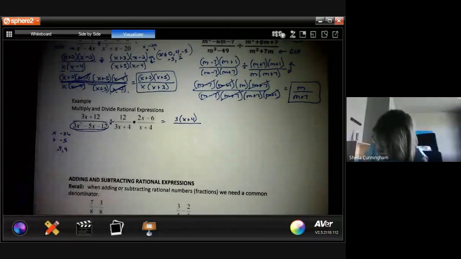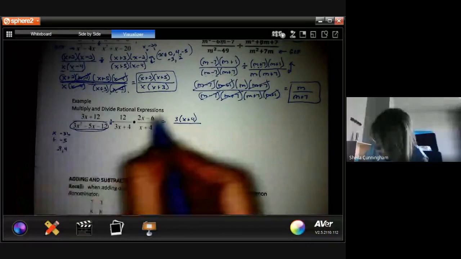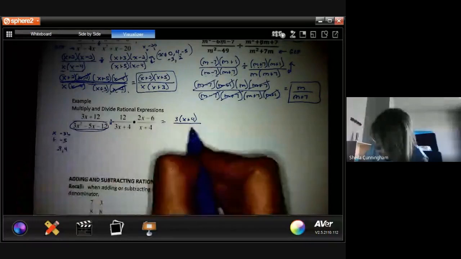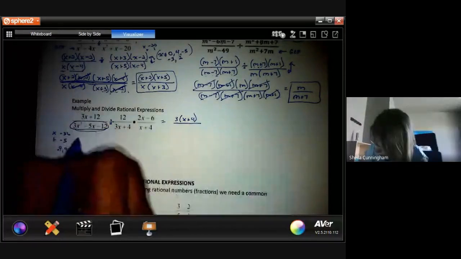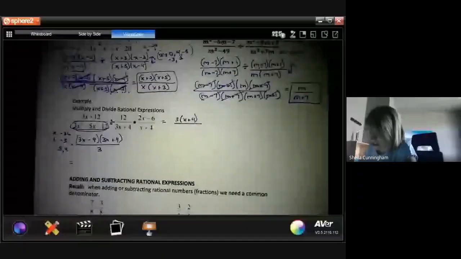I'm just going to work with this off to the side and then I can put my answer back up in my question. I'm going to look at this airplane method. I'm going to put 3s in the first of my terms and a 3 on the bottom, because that's my first term, the a value. And now I'm going to plunk in my minus 9 and my plus 4. Then I've got to simplify this so I can get it into my two binomials that I can stick back up here in my question.